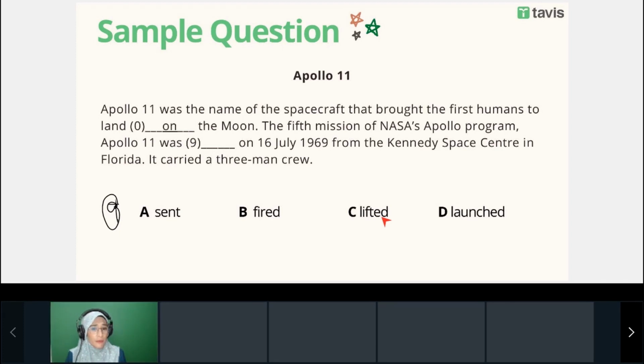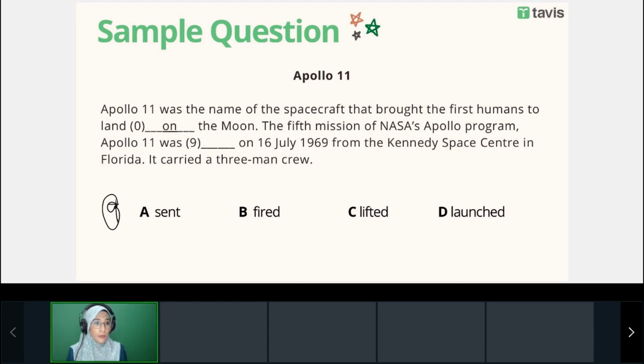Are you lifting the program to the center? You are bringing something upward, right? You might carry it. No, you don't carry Apollo 11 to this center. I don't think so. So I would try and cross out.